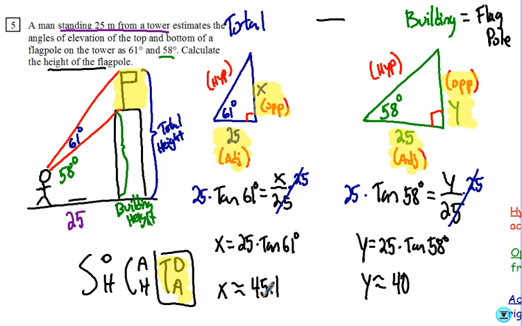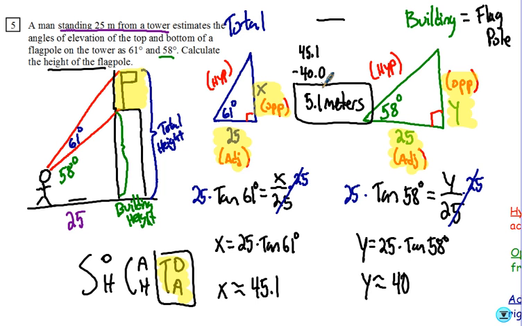So this number is bigger, and that should make sense because it represents the total height. So the total height is taller, minus the height for just the building, and the difference between the two, that would be my flagpole. So we're just going to subtract. 45.1 minus 40, and so we get 5.1 meters. And so that would be our final answer there, 5.1 meters.